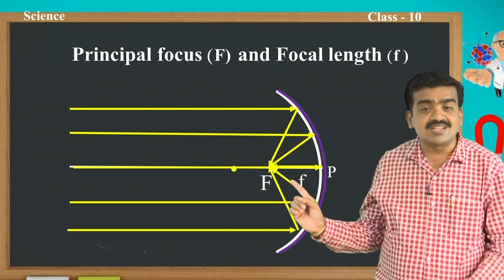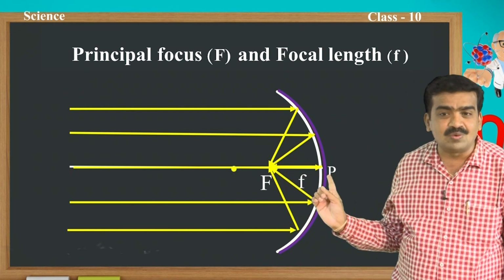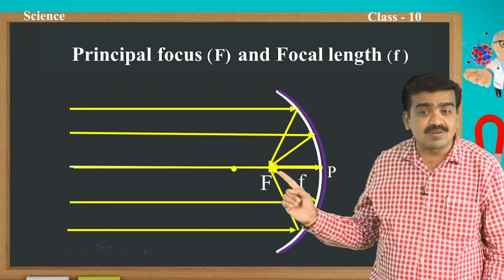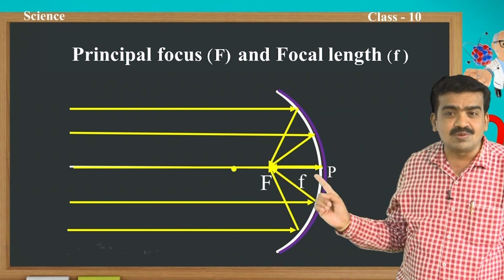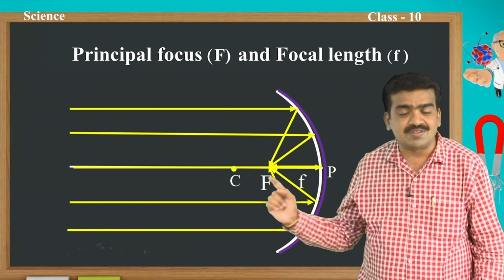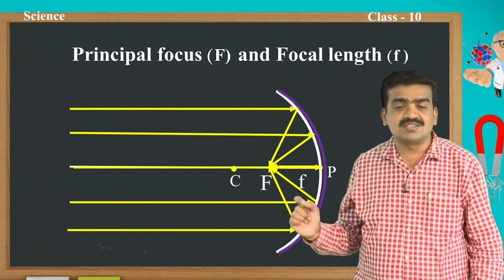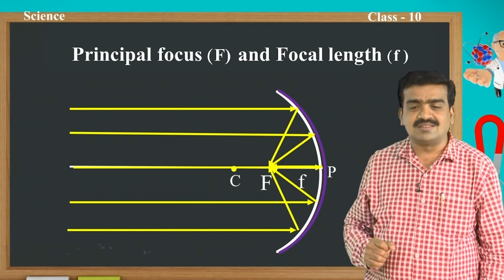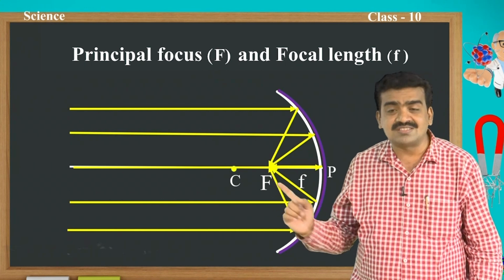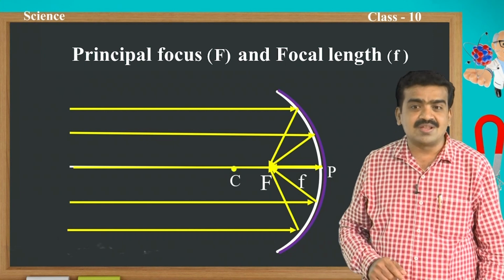That point is called the principal focus. You know the meaning of pole of the mirror. If you measure the distance between the principal focus and the pole, you get the focal length. You know the meaning of radius of curvature, and you also learned the relationship between radius of curvature and focal length. Radius of curvature is always twice the focal length. This is in the case of a concave mirror.